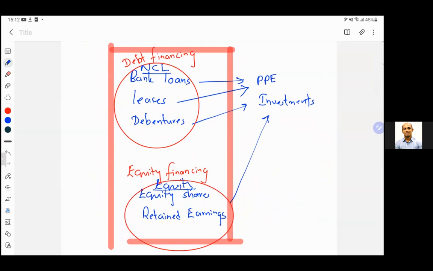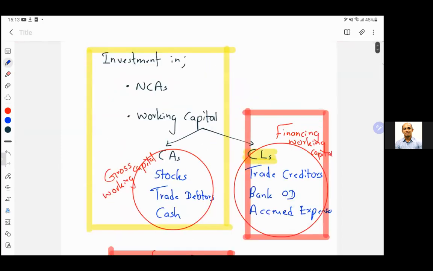Now, if you see the company's statement of financial position, you can see the company's investing activities and financing activities. In the statement of financial position, under assets, you have non-current assets and current assets. Those are the company's investing activities.